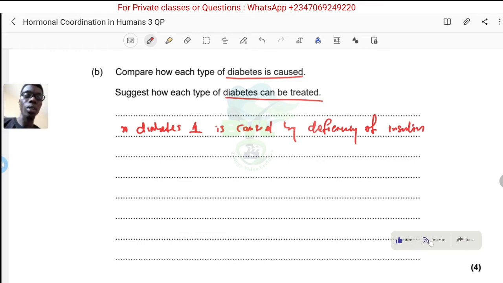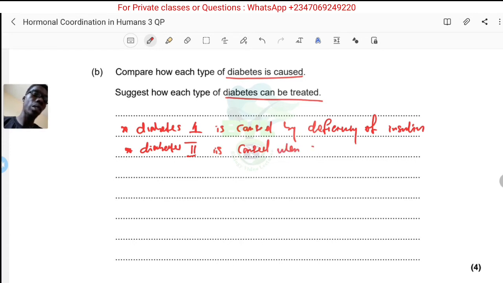Basically, that's what happens. Then diabetes type 2 is caused when cells are not responding to insulin.